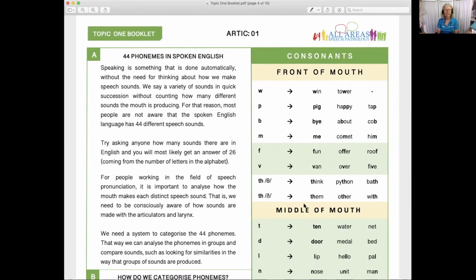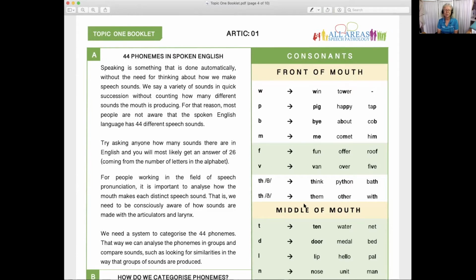So let's have a look at section A, where we're referring to these 44 phonemes in spoken English. I've just restated there that speaking is something that is done automatically without the need for thinking about how we make speech sounds. And we say a variety of sounds in quick succession without counting how many different sounds the mouth is producing.